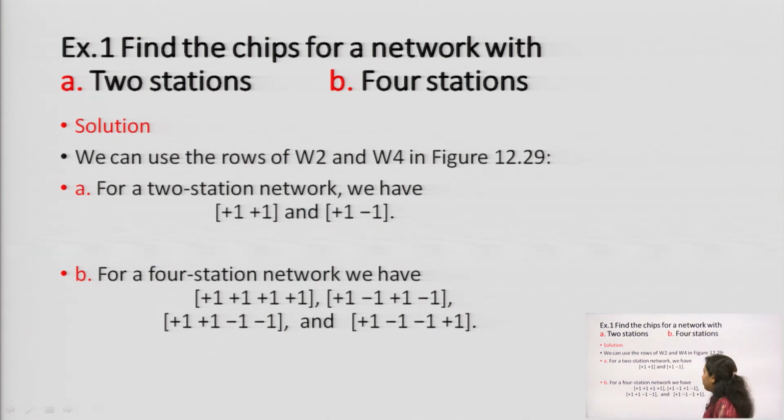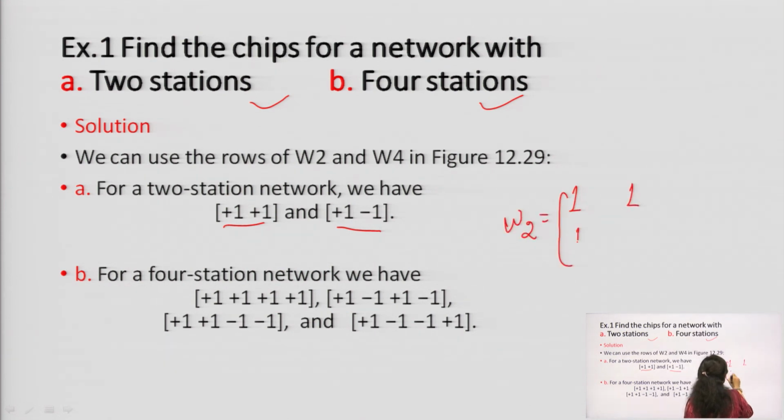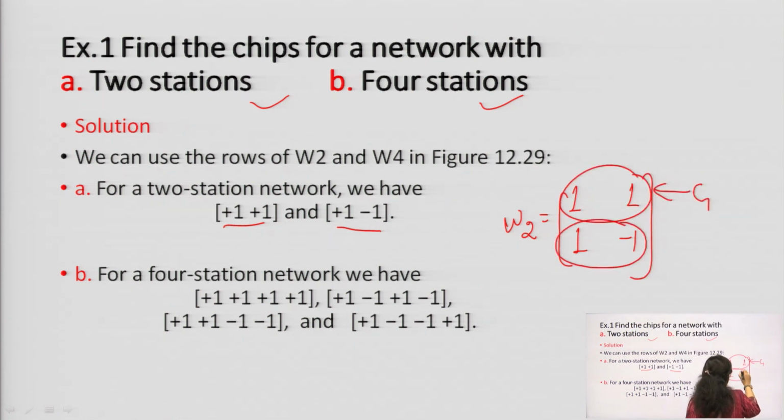Now, there is an example where you have to find the chips for a network with 2 stations and with 4 stations. 2 stations means the values are plus 1, plus 1 and plus 1, minus 1, which is the Walsh table W2. The first code has to be used by the first user, and the second code by the second station.